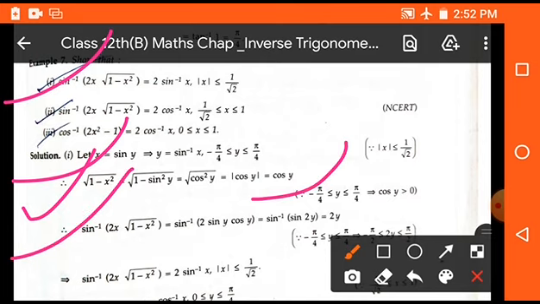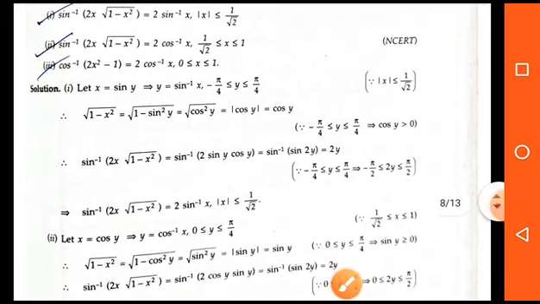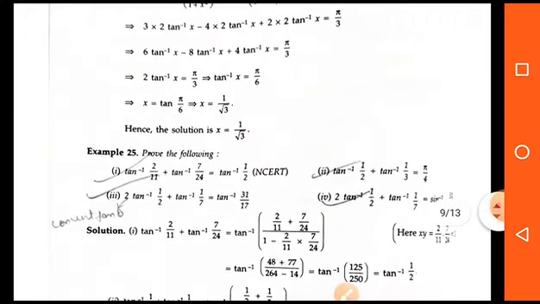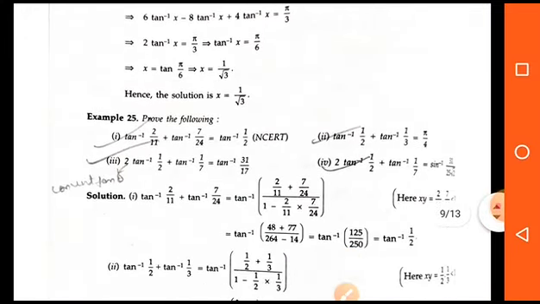Now sin inverse 2x under root 1 minus x square becomes sin inverse 2 sin y into cos y, and it will be sin inverse in bracket sin 2y. So finally we get 2y. So student, you can solve these questions by the above formula.